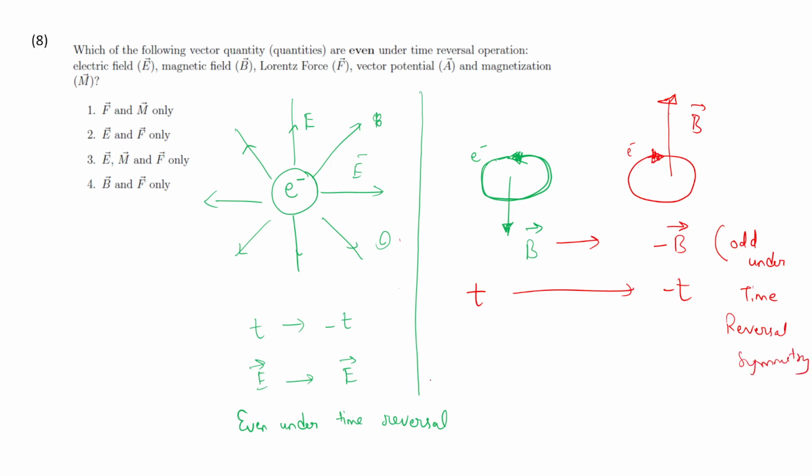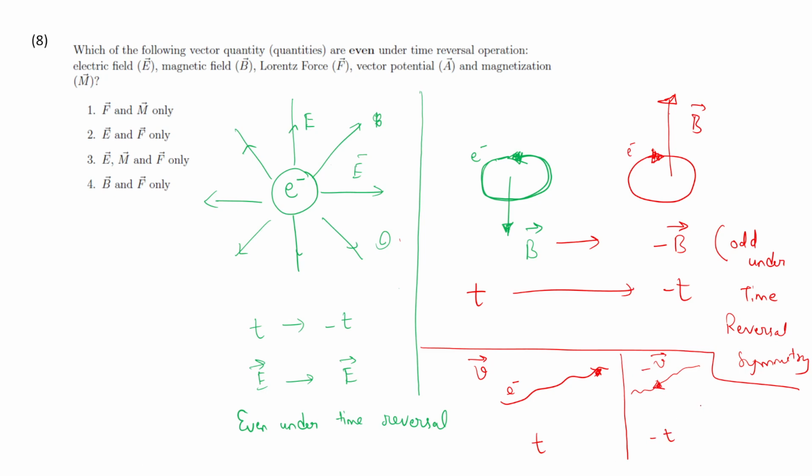Now what about the quantity velocity? Let's say you take a video of one electron moving in some direction, so you have some velocity. Now you play that video backwards. The electron will follow the same path but in the opposite direction. So V will go to minus V when t goes to minus t.